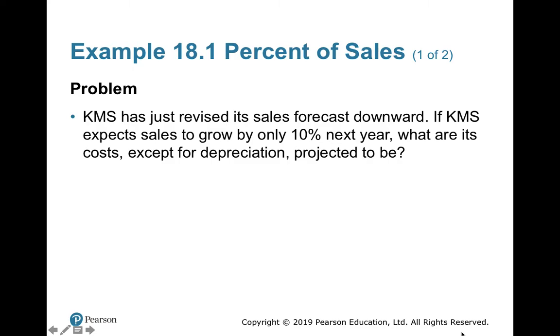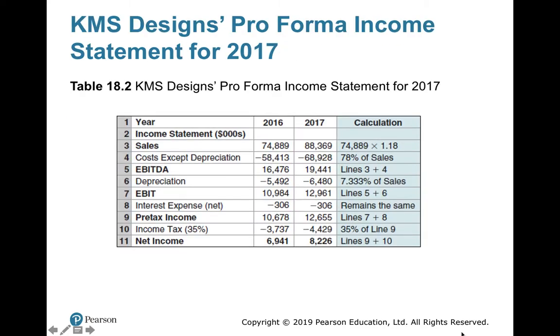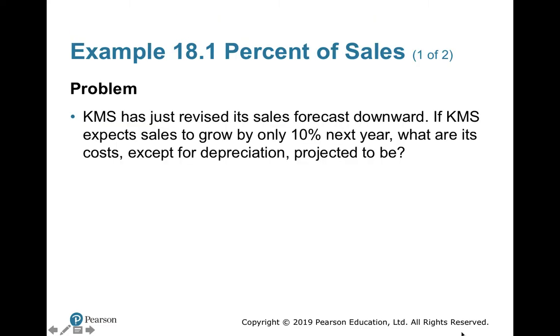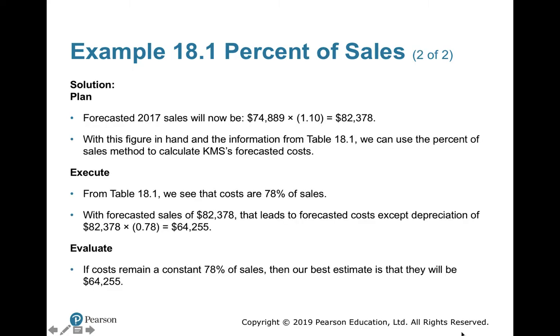Now a problem, where some changes are being done here. KMS has just revised its sales forecast downward. We have taken 18% growth, right? Now KMS is downgrading its growth. It is now evaluating 10% as the growth. How will you do it? Very simple. 2016 sales multiplied by 1.10 is equal to 2017 sales.